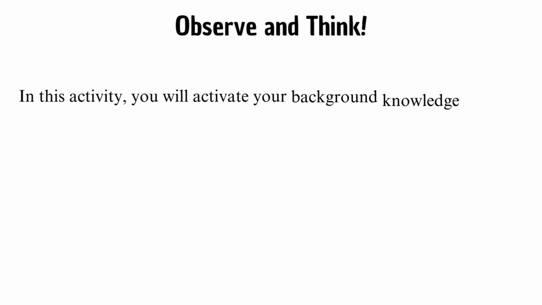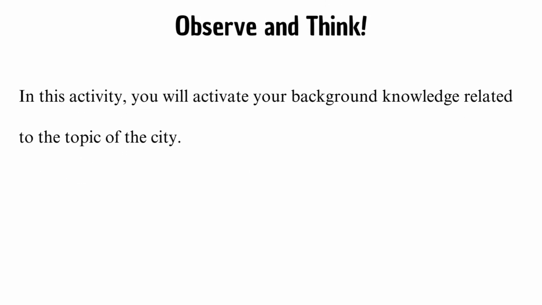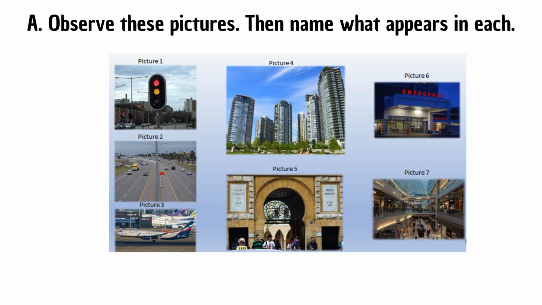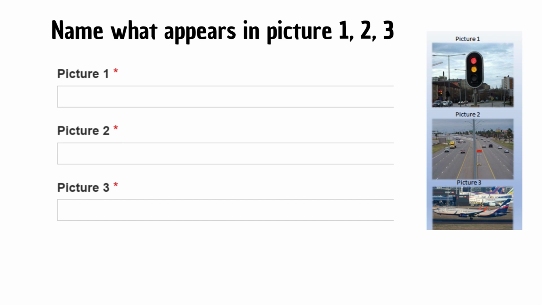Observe and think. In this activity, you will activate your background knowledge related to the topic of the city. Observe these pictures. Then name what appears in each. Name what appears in picture 1, 2, 3.